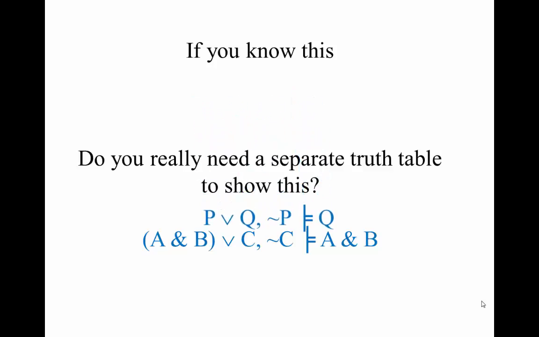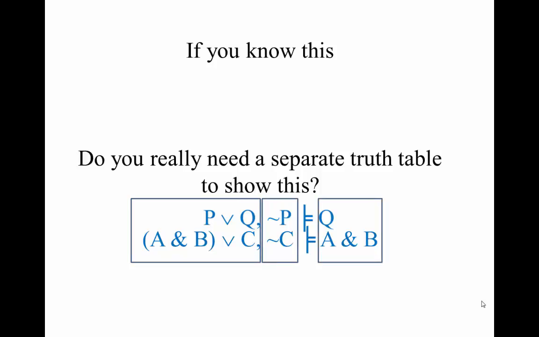You can see that each of these arguments lines up. The first premise is a statement whose main connective is a disjunction. The second premise is a statement whose main connective is a negation. And the conclusions can just be lined up together.